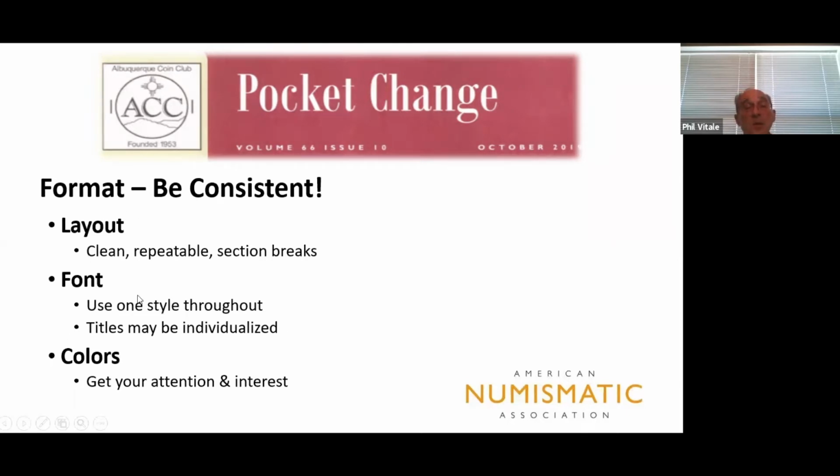I recommend one font all the way through. You can do different titles in different pieces, and use colors. It's unfortunate that a lot of people just go black and white. Colors get your attention and your interest, and it's important for you and for the people reading what you're doing.